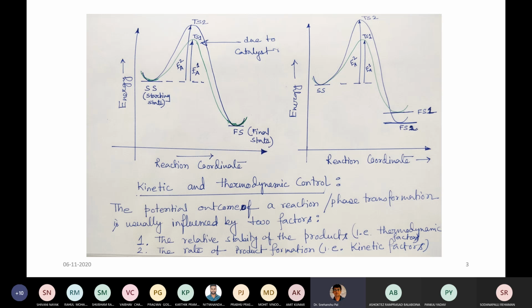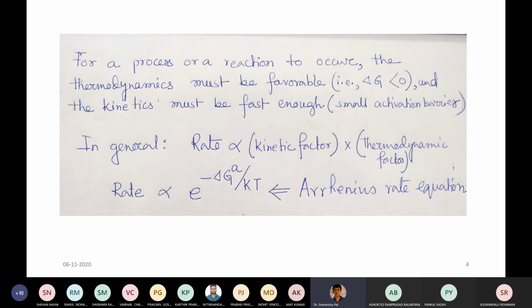So in the next slide, you can write that rate varies as e to the power minus delta Ga, which is the activation energy, by kT. This is an Arrhenius rate equation.